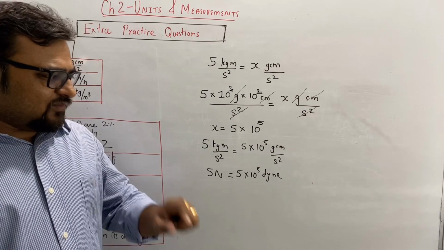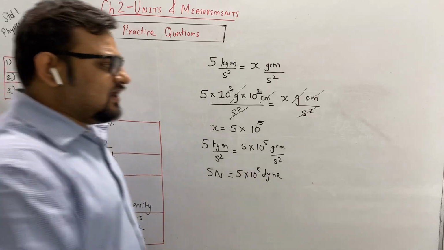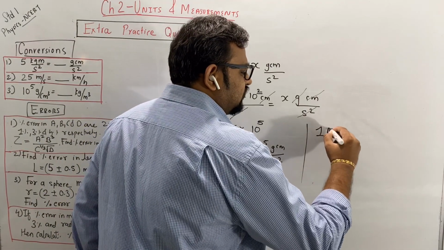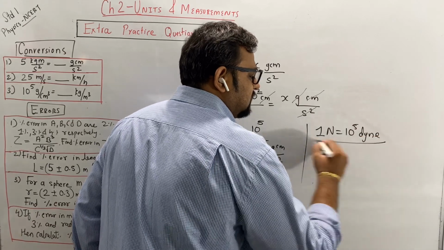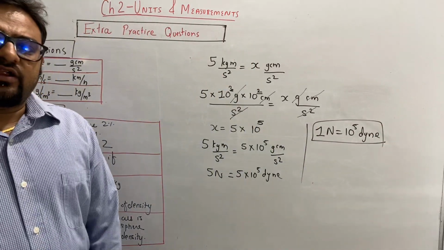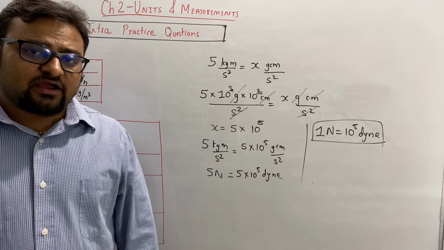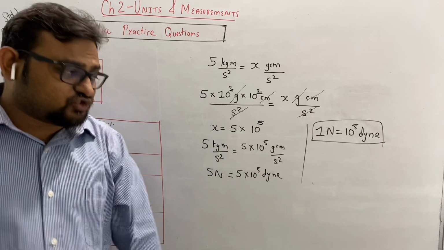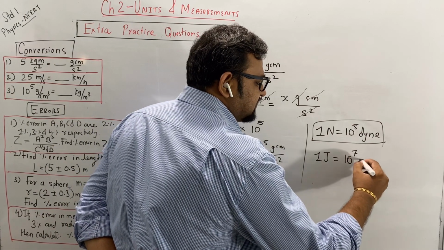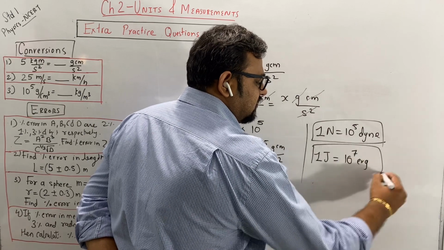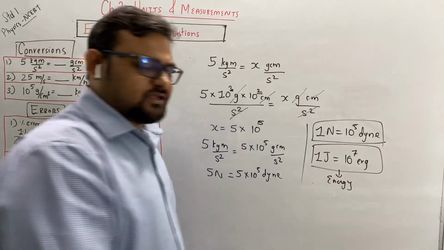Clear? So from next time, if there is such a conversion, directly use 1 Newton equal to 10 raised to 5 dyne. Clear? This is the standard conversion of Newton to dyne. I'm giving you one more conversion for joule. 1 joule will be equal to 10 raised to 7 erg. This is the unit for energy.